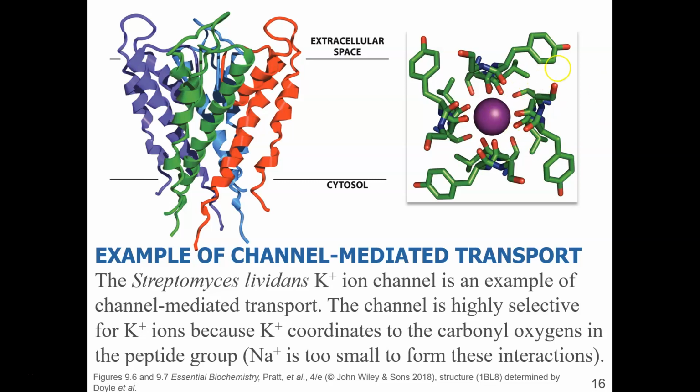And this explains why this channel transports potassium and not sodium. The sodium ion is a lot smaller and it wouldn't be able to form those favorable interactions. So this is highly selective for potassium transport.